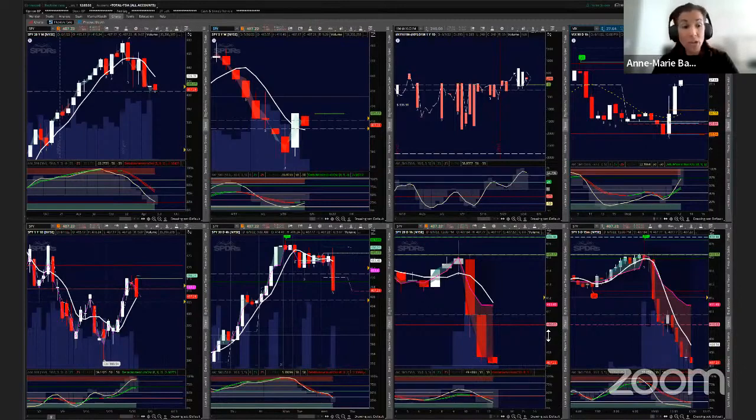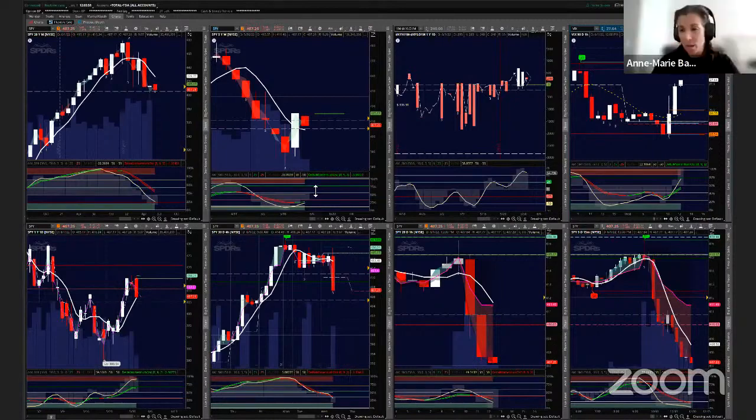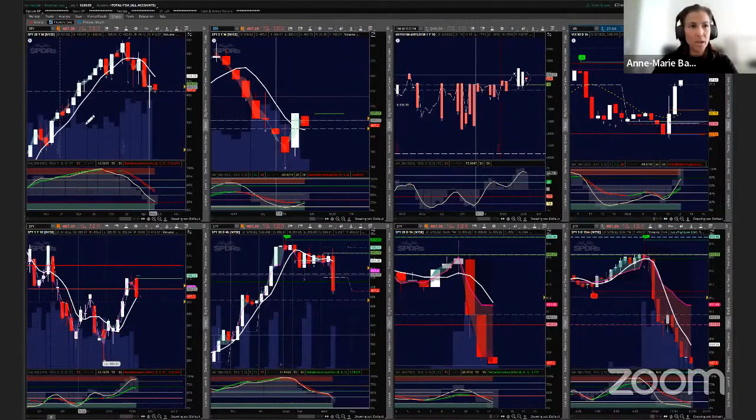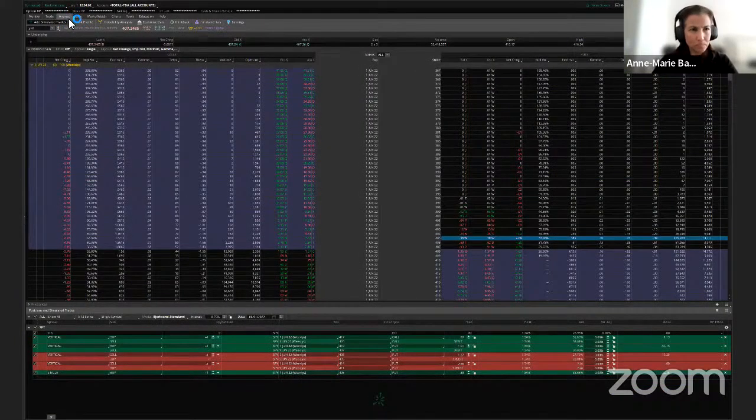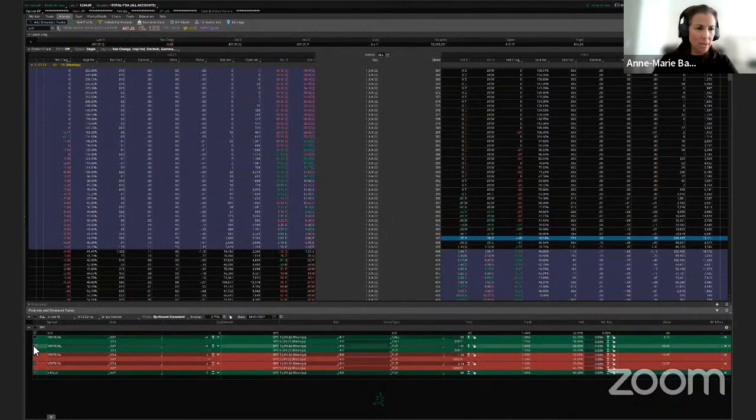So what Jonathan and I wanted to do this morning is take a look at something called a risk profile that appears on the Analyze tab in Think or Swim.